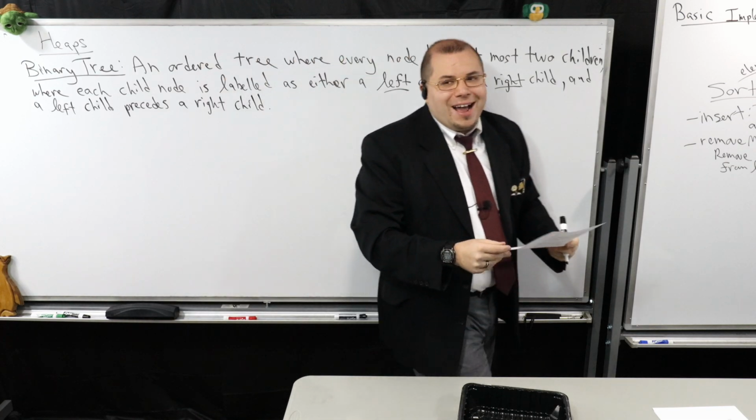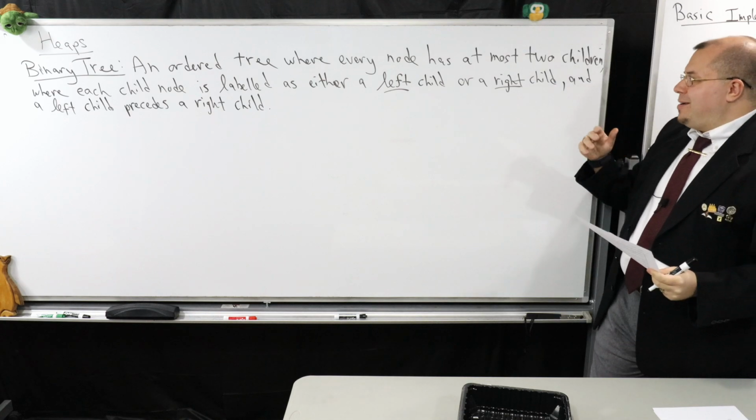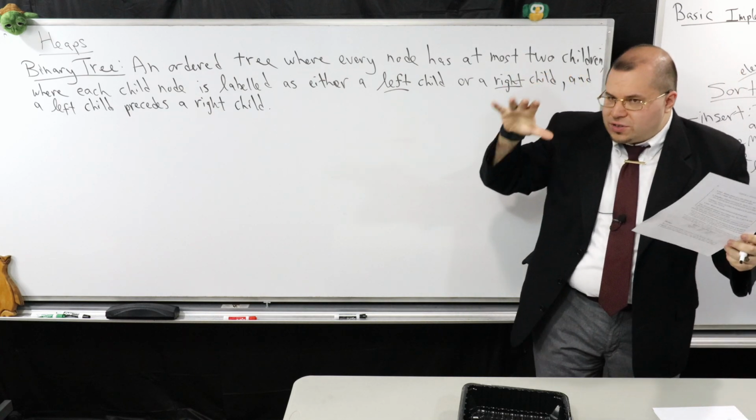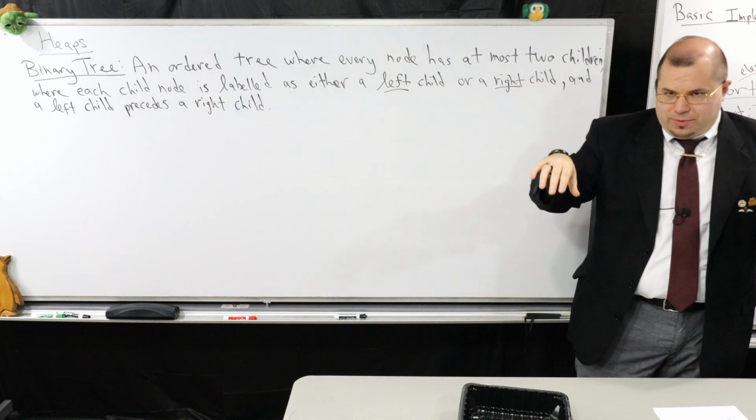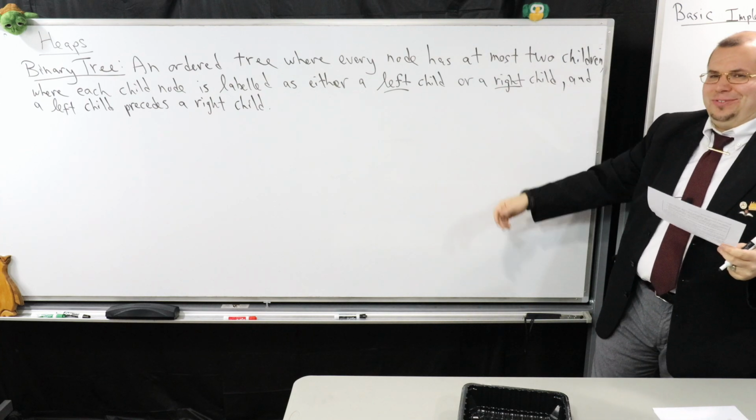So that's the ordered aspect of this tree: I'm going to have 2 children, and I'm going to assume that the first of my 2 children is the left one, then the right one. Those are names I'm going to give the children.